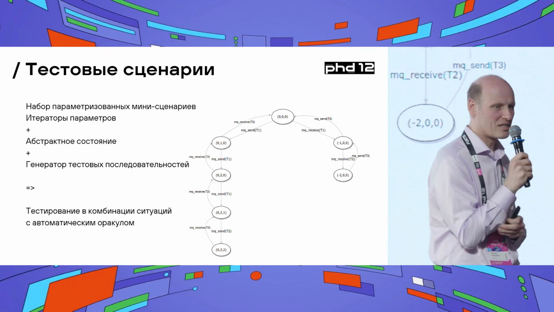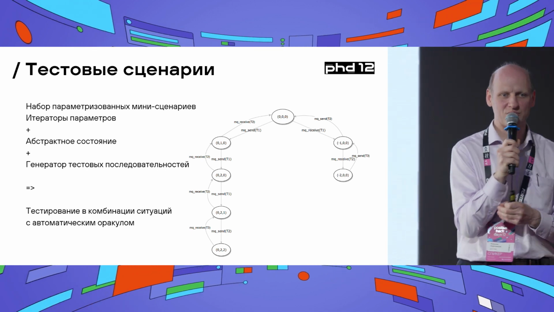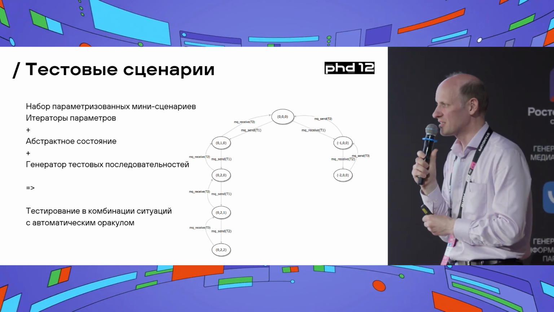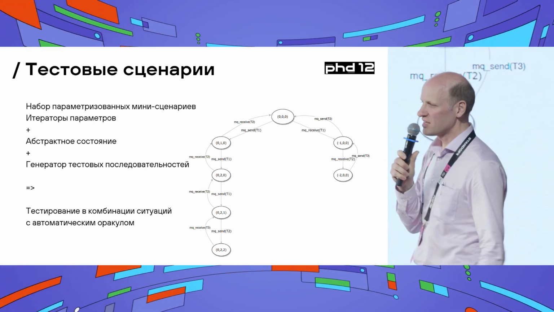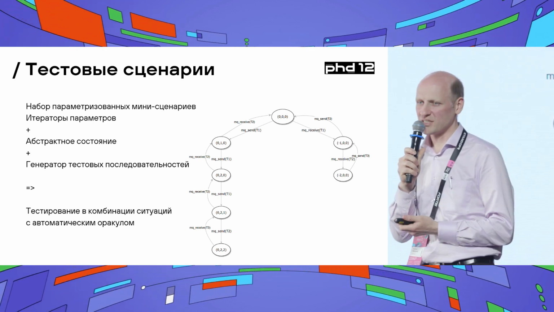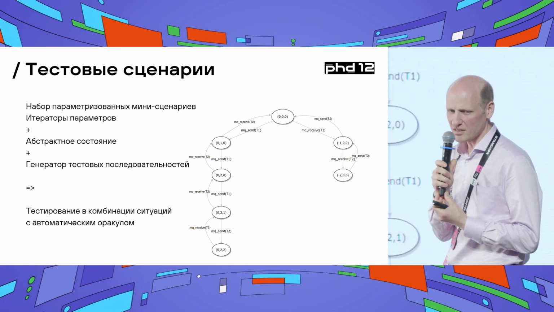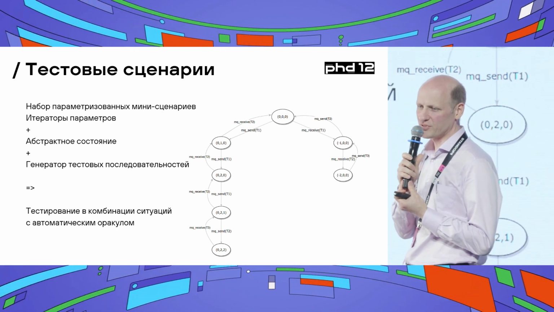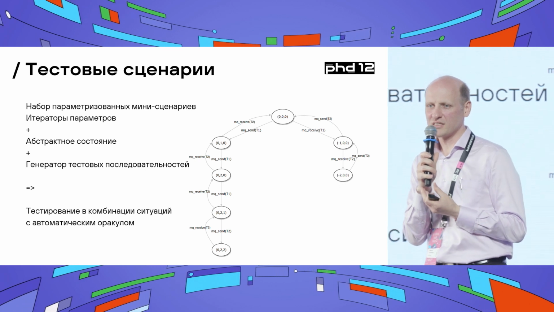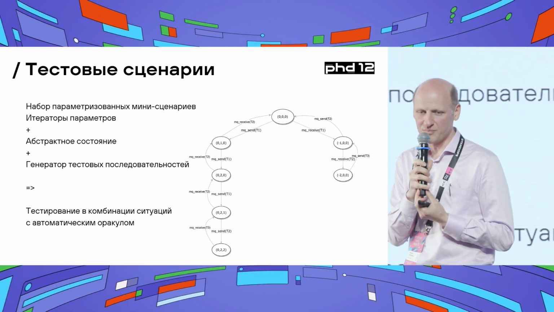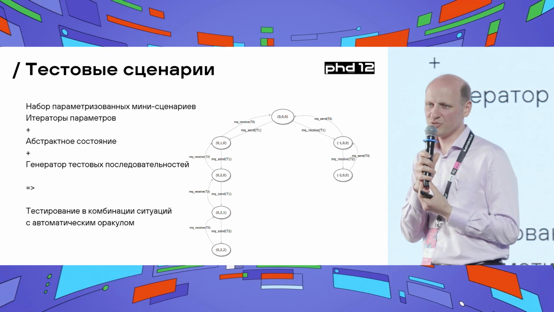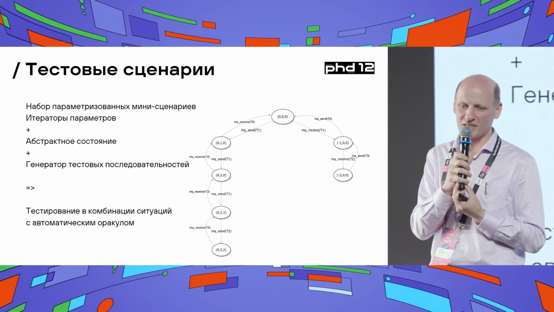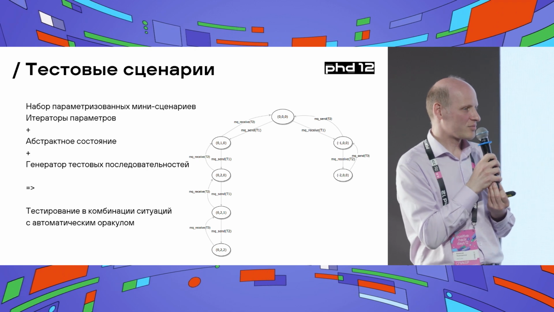There would be mini scenarios of sending messages, reading messages, maybe consisting of several actions, and we put this into a mini scenario bucket, and we describe an abstract state, that we are in a certain state in the tested system. If we test a queue, for example, that could be queue length.